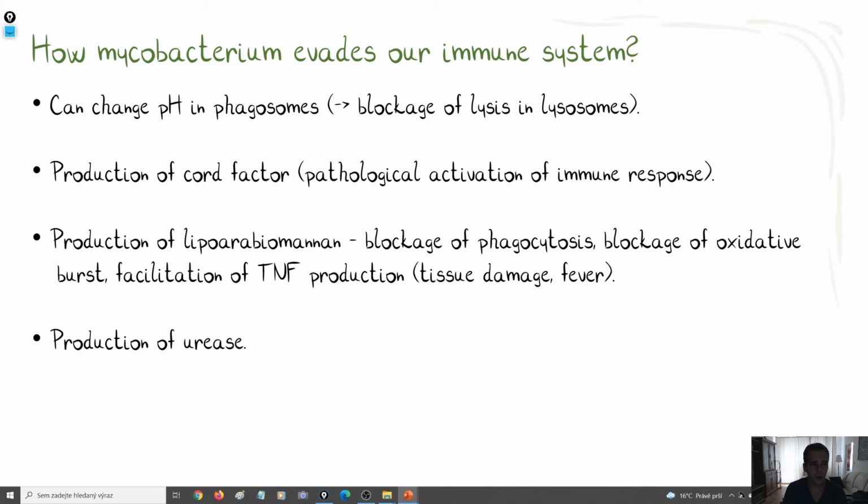I already mentioned that the mycobacterium is able to evade our immune system. That's why the granulomas are formed. And mycobacterium has multiple ways to evade our immune system.